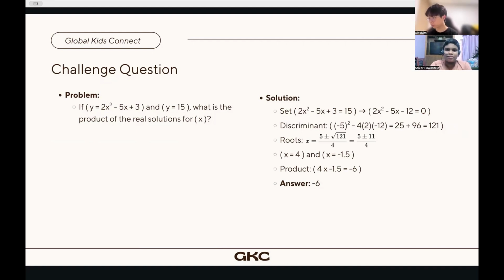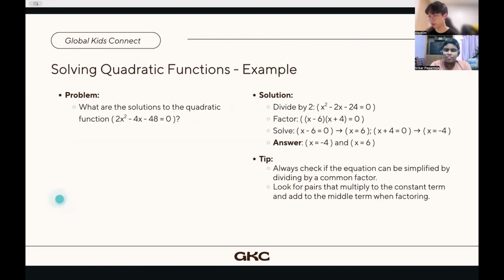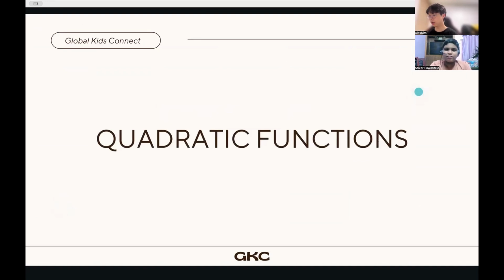And so this will be it for today's class. If we go all the way back, that will be all for today's topic regarding quadratic functions.